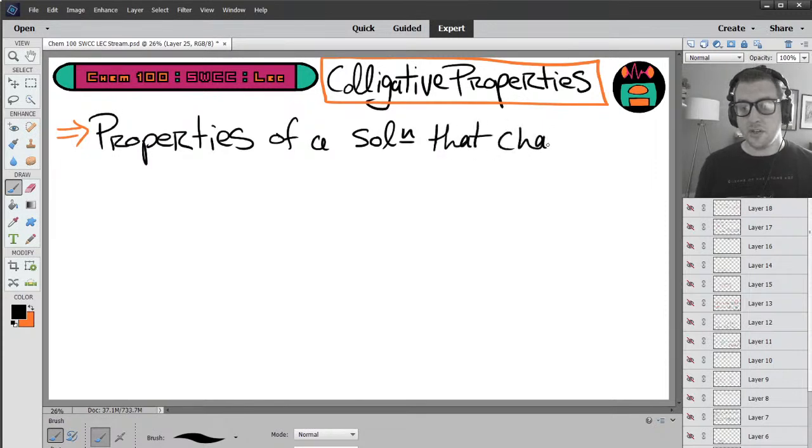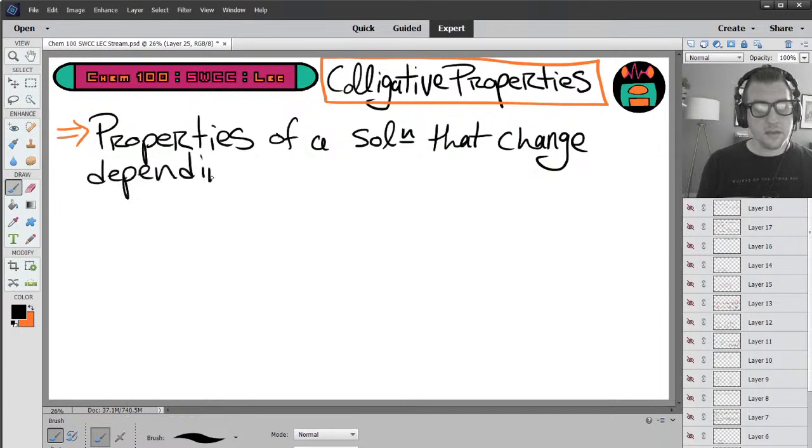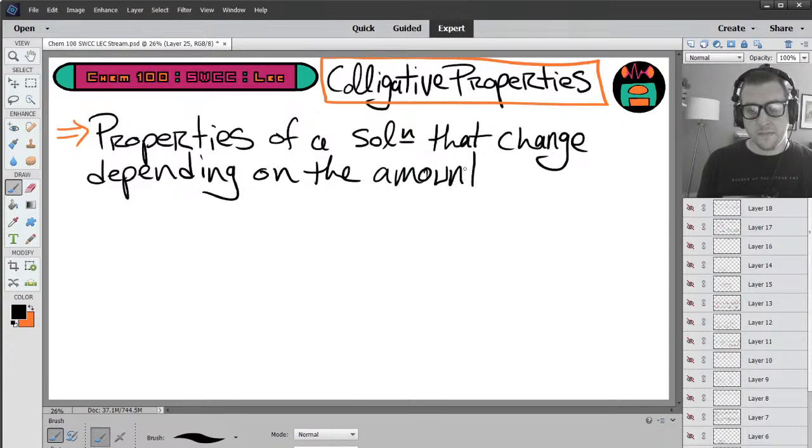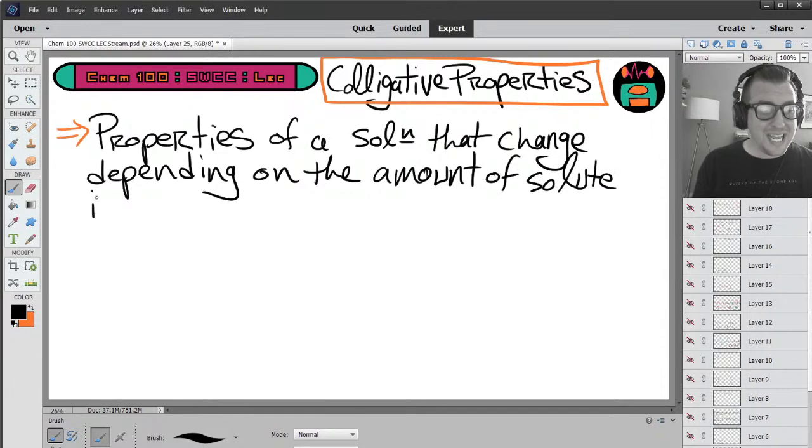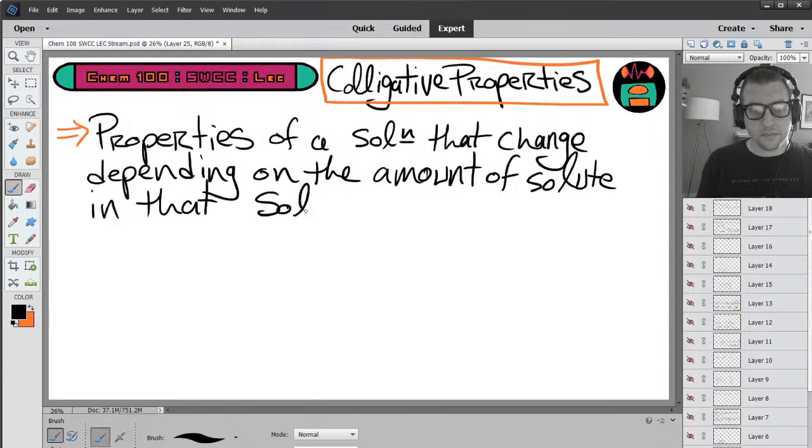that change depending on the amount of solute present, the amount of solute in that solution. All right, so colligative properties are simply properties that change.